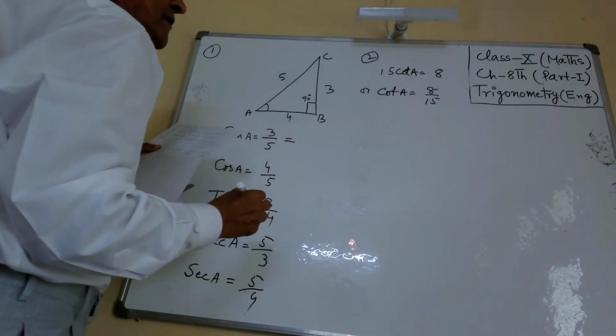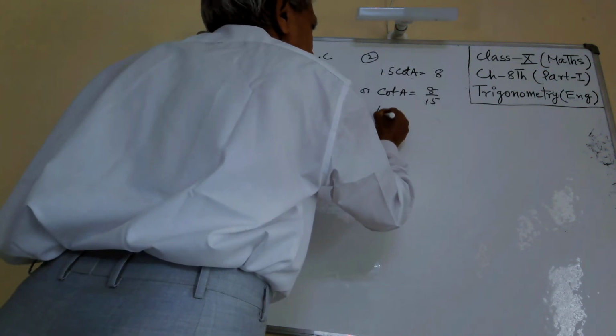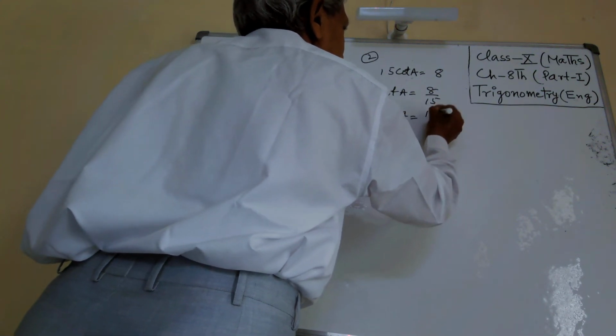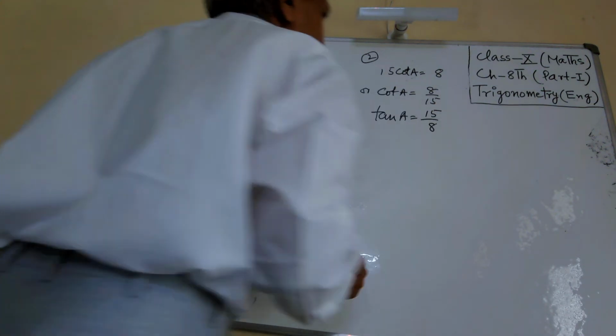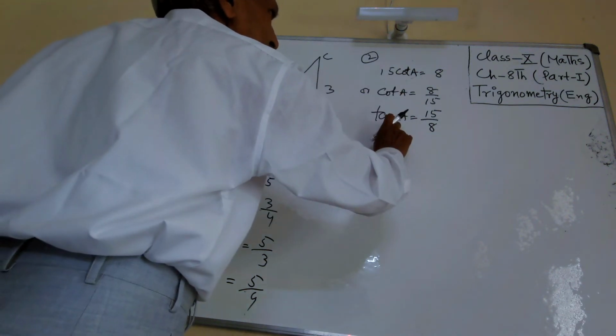See here, cot A is equal to 8 by 15, and cot A is the opposite of tan A. Tan A is equal to 15 by 8. To make it easy, I convert this into tan A.